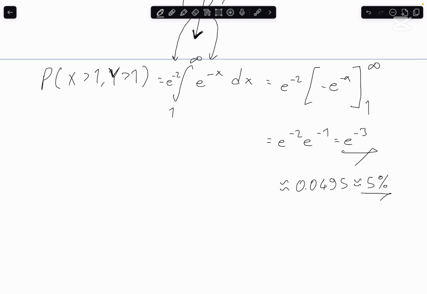So there is roughly a 5% chance both parts survive the whole first year.